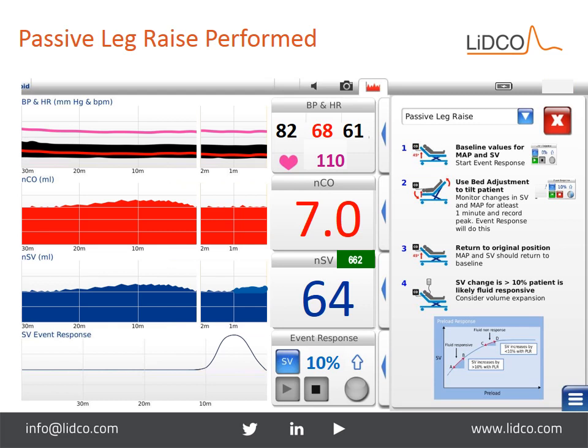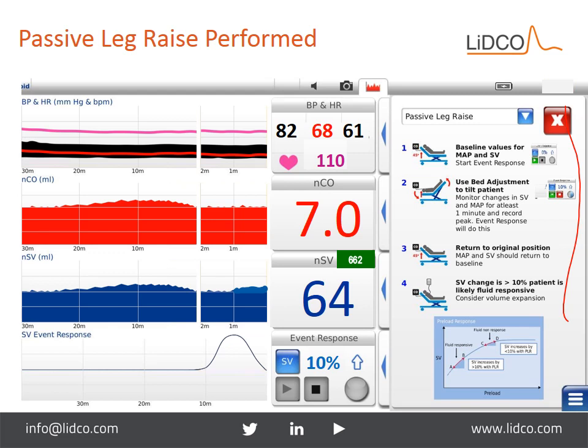There's no contraindications to doing a passive leg raise. Very concerned that the shock is winning and that our patient is already profoundly ill and is in a life-threatening situation. This is the schematic that is on the right side of the screen for you all to guide you through the passive leg raise.